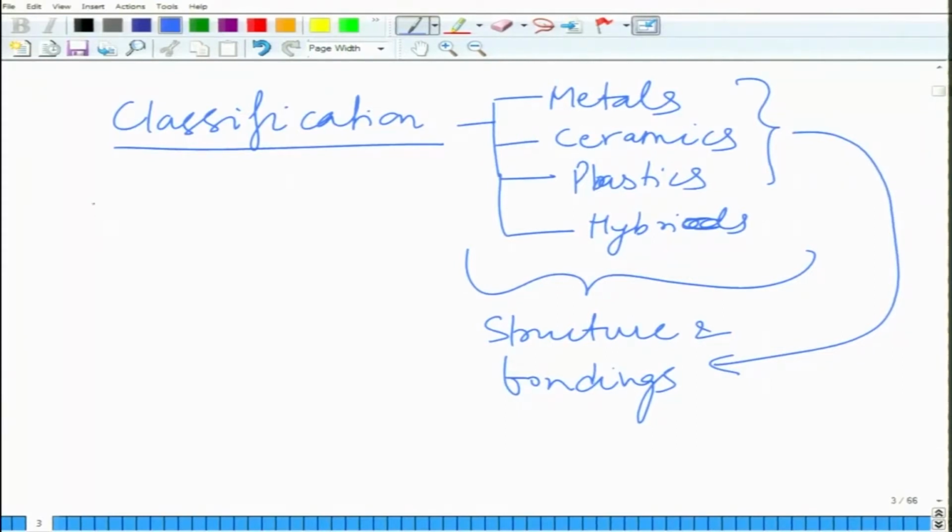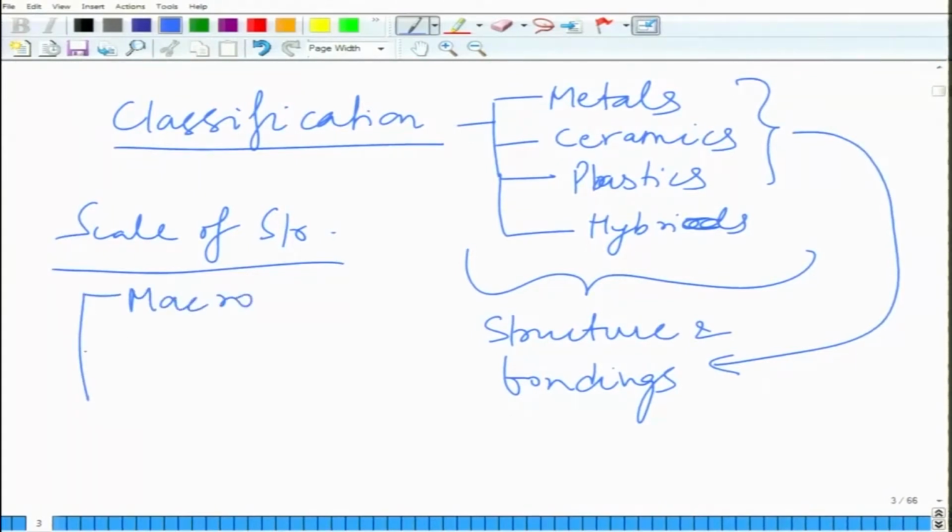And then we looked at the scale of structure. So, when we talk about structure, it has various scales. First scale is the macro, second is micro, third is nano, fourth is atomic.